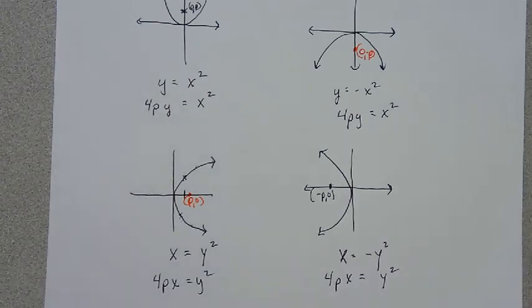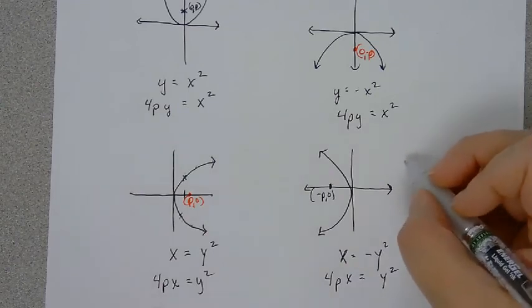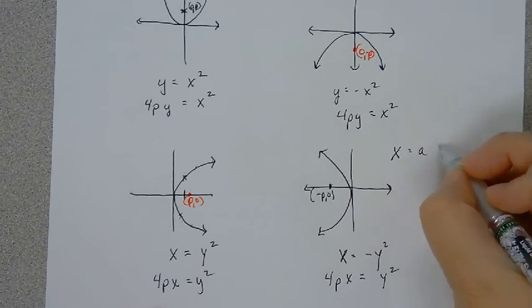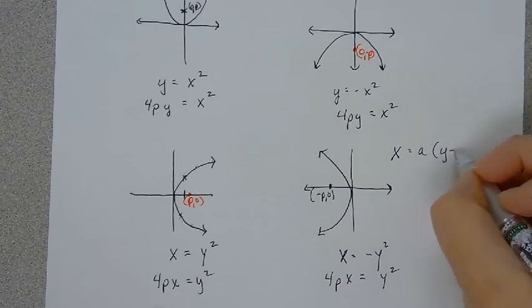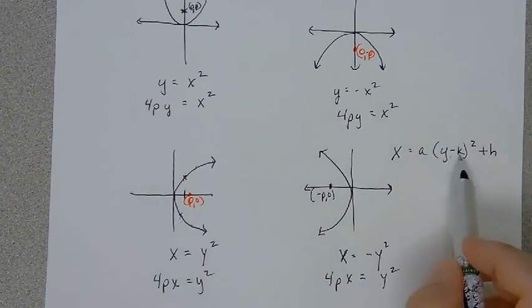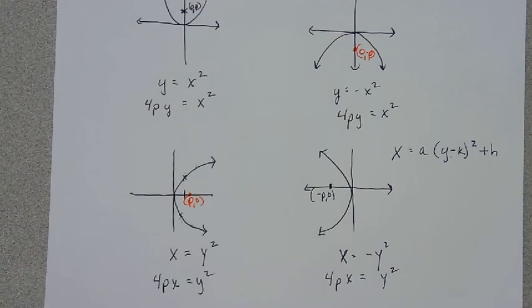So you can imagine now, if we talked about the vertex form of this one, this time instead of y equals a times x whatever, it's x equals a times y minus k squared plus h. So this is going to move up or down on y, and this is going to move left or right with x. And we'll talk more about that in a minute.